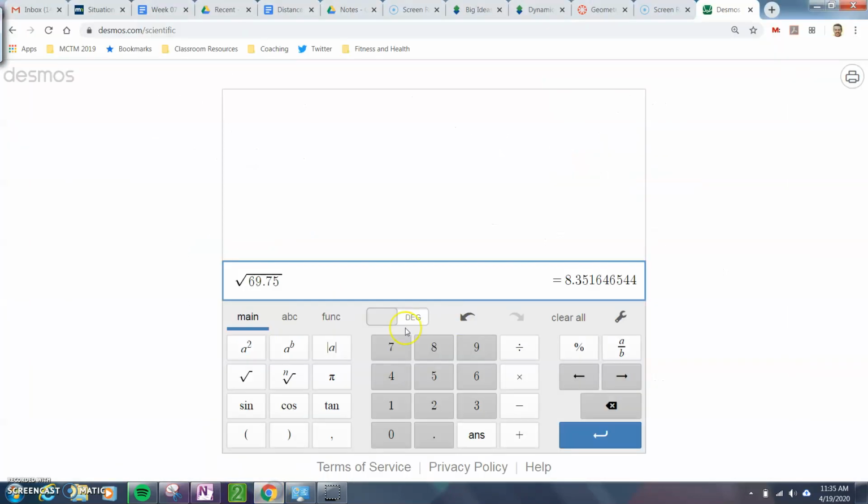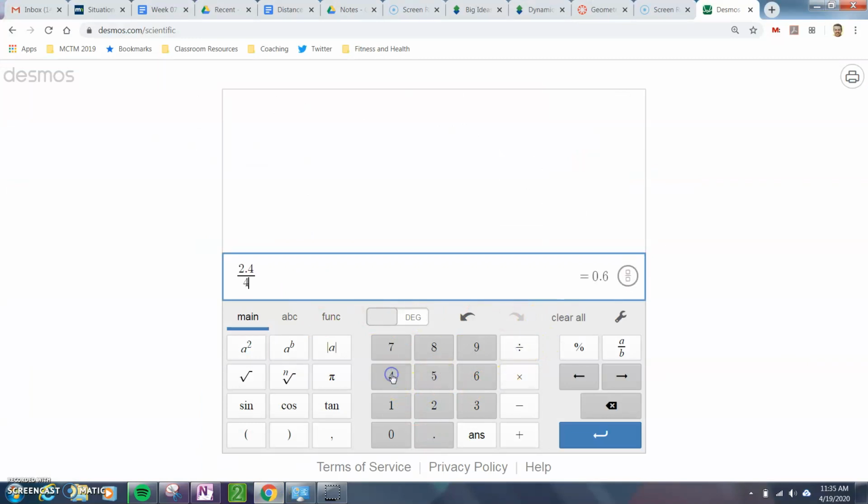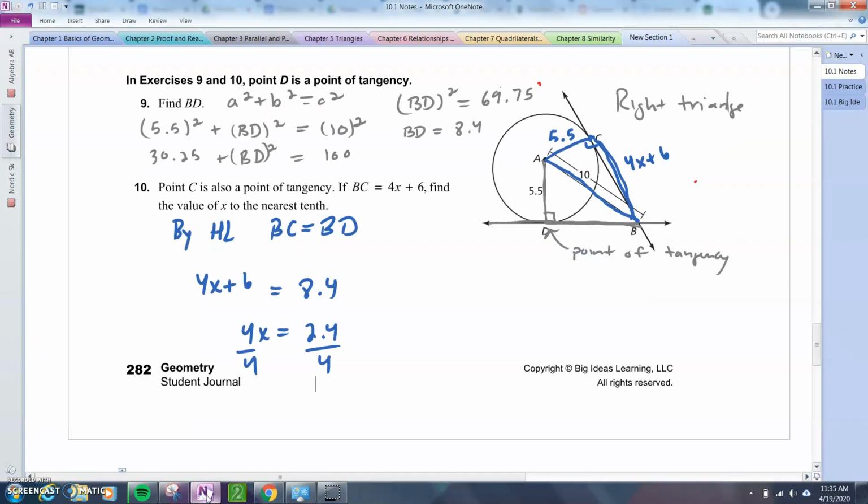Jumping back to Desmos, 2.4, we're dividing that by 4, we're going to get 6/10 or 0.6. You can kind of see that too. This is really just 24 divided by 4, which is 6, and then you'd have to move the decimal over. So wouldn't necessarily even need a calculator for that one.